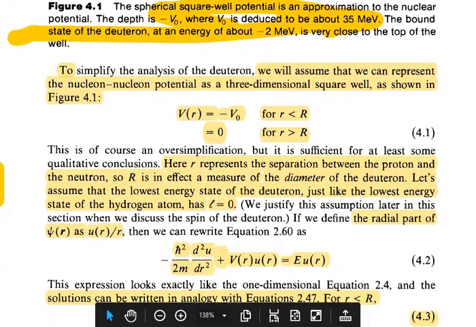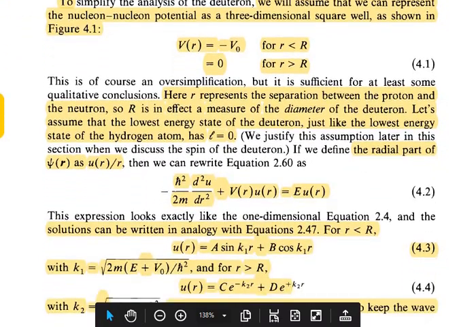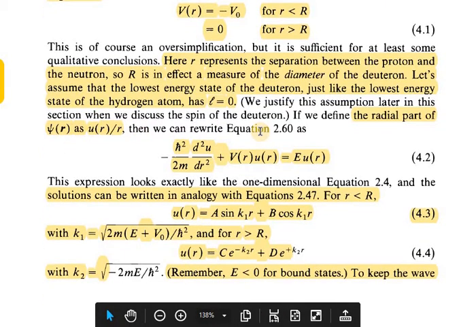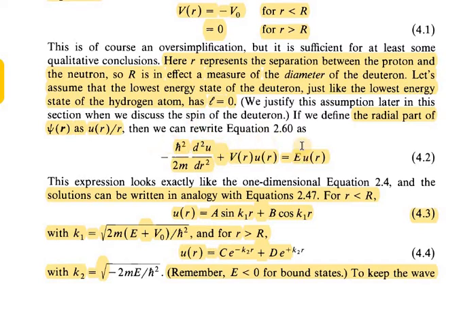Then the radial part of the quantum mechanical equation you can consider as minus h cross square by 2m d square u by dr square plus V of r u of r equal to E u of r.